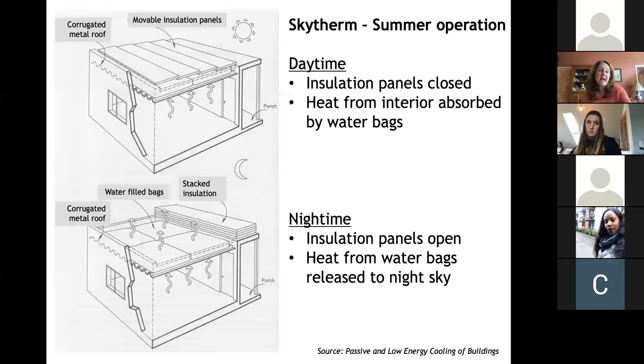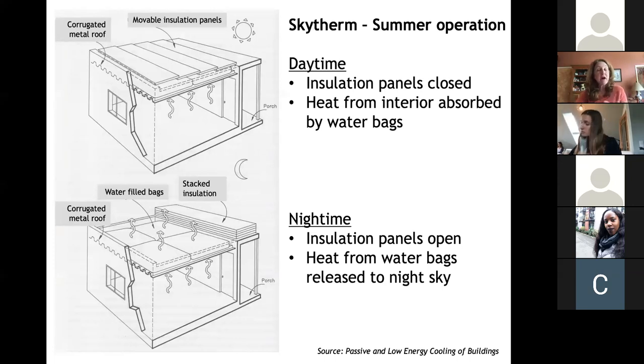So during the day when the sun's out and you don't want the sun, you cover it with these panels, which are going to have a very reflective outside coating. And then at night, you open up the panels, and these water bags are losing their energy to the cold night sky.